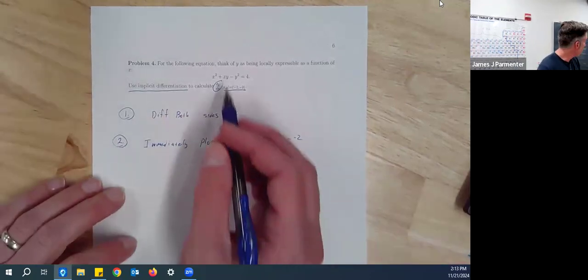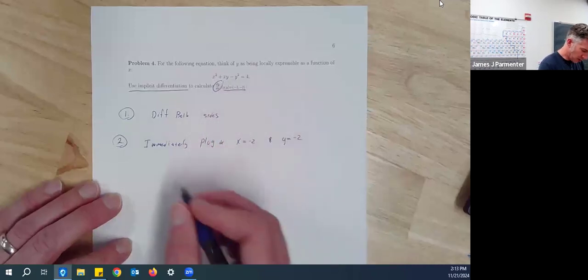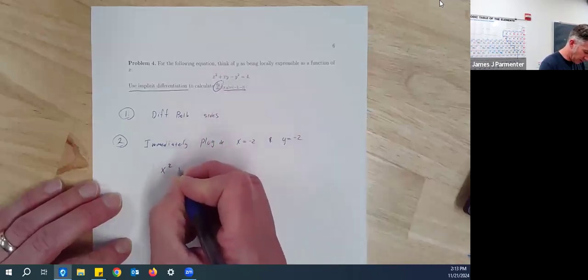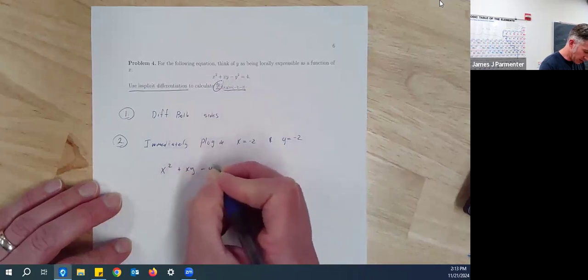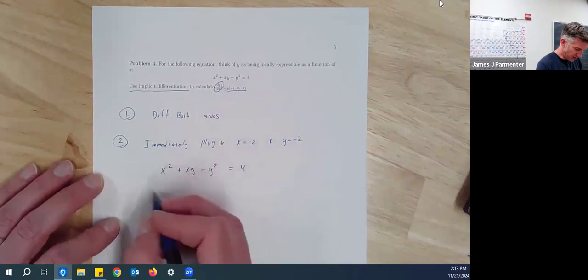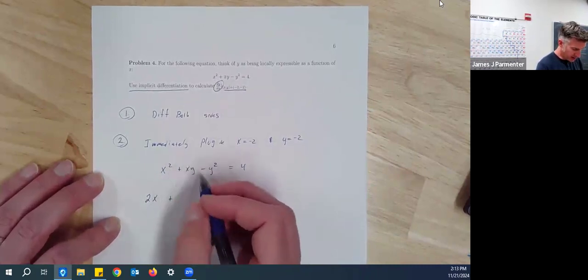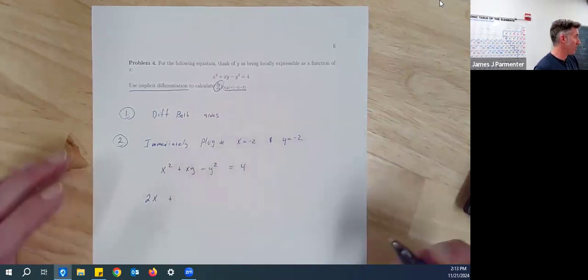All right, so let's take our equation here: x squared plus xy minus y squared equal to 4. We're going to take the derivative of everything with respect to x. The derivative of x squared is just 2x. The derivative of x times y requires the product rule.